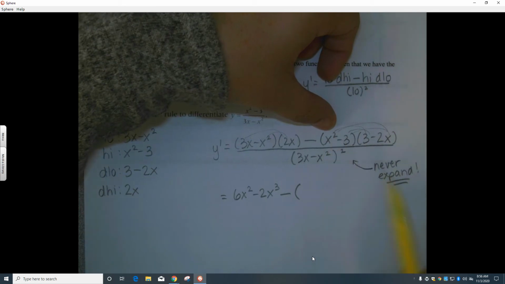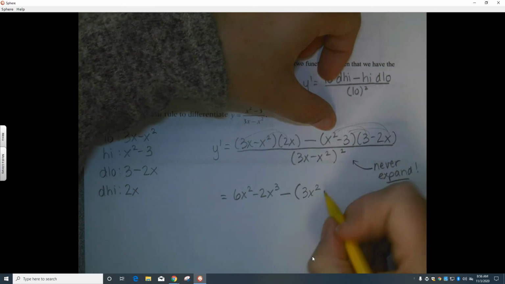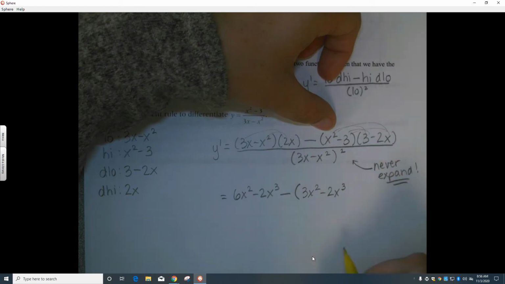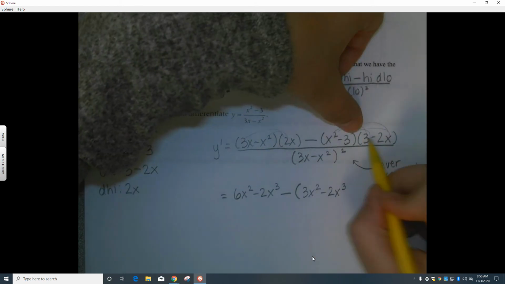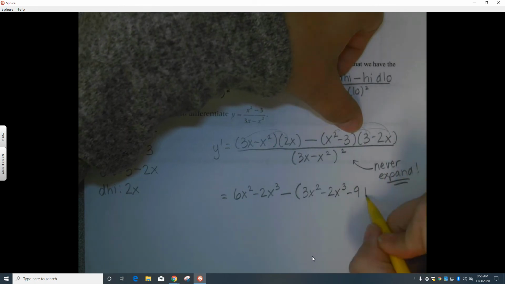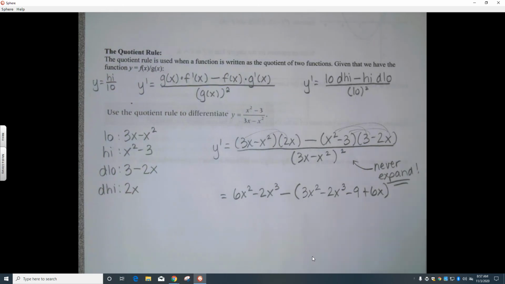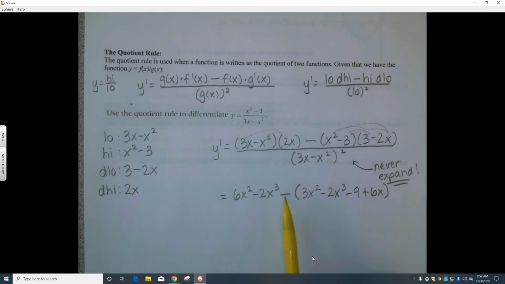So x squared times 3 is 3x squared, minus 2x cubed, minus 9, plus 6x. Now I can see, this is why I put the big parenthesis here. I have this little subtraction sitting out front.